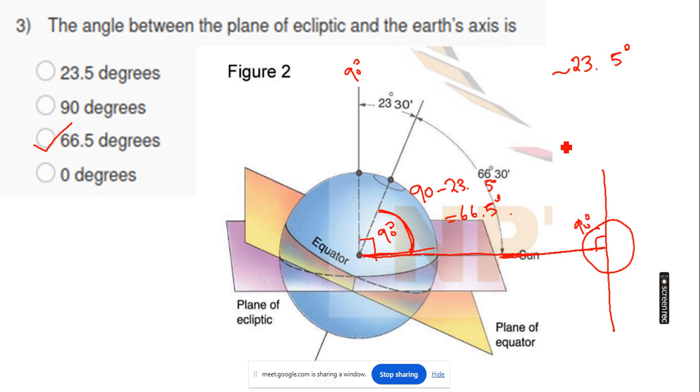Among the parameters that lead to this natural climate change, there is something known as the Milankovitch cycle. In the Milankovitch cycle, there are three different factors which keep on changing.